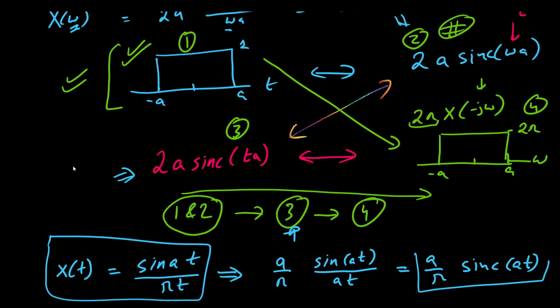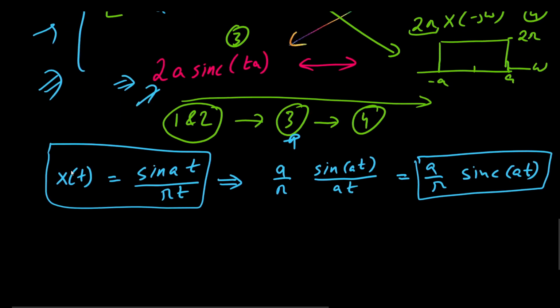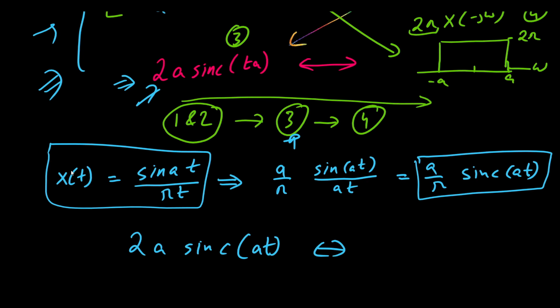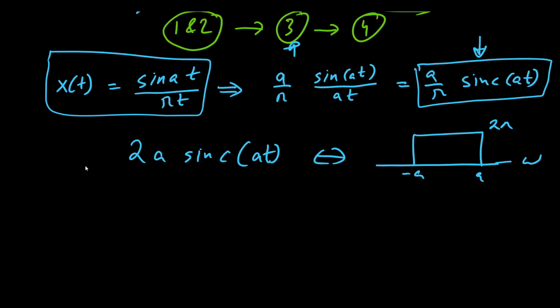Now we are asked to find the Fourier transform of this function. So from the duality property, from all these plots, we know that this function, 2a sinc function of at, has the Fourier transform which is in terms of minus a to a, with amplitude of 2 pi, with respect to omega. So in order to resemble this, we can multiply by 1 over 2 pi both sides.